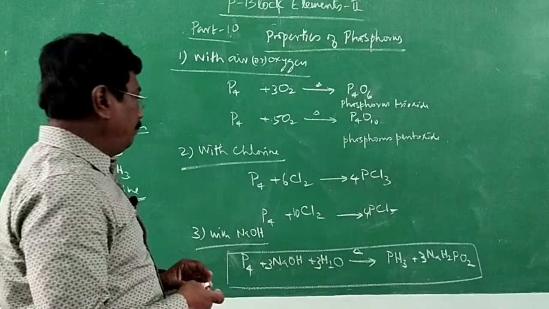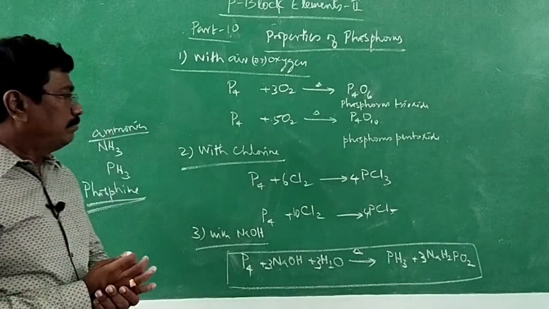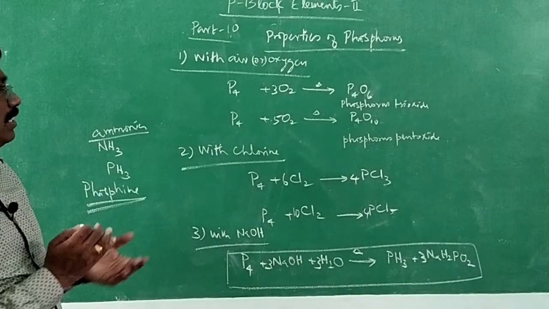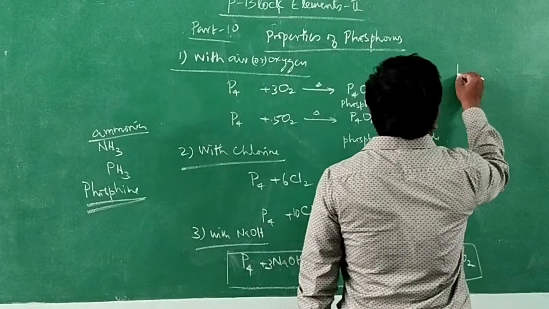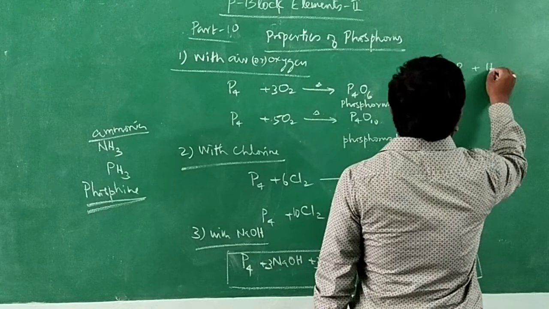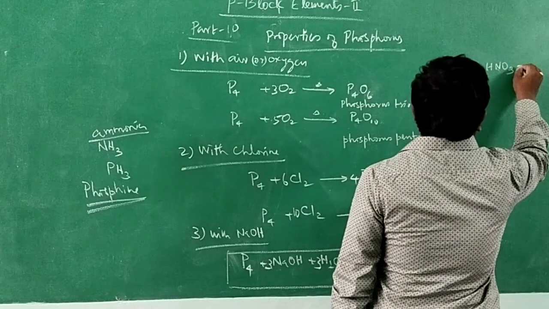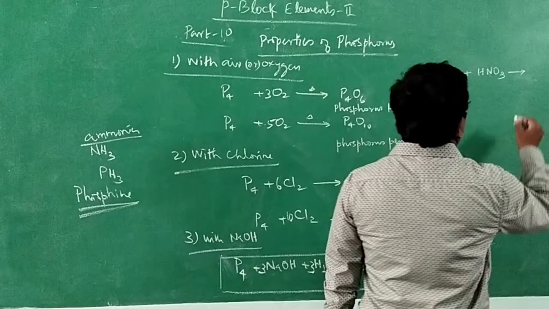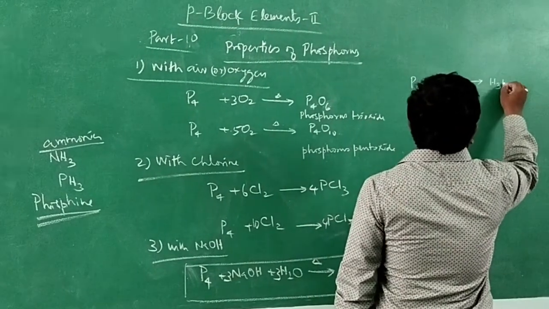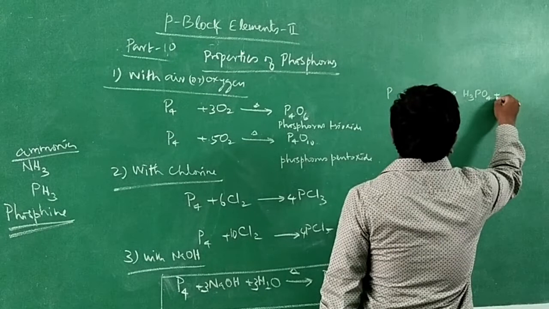And then with nitric acid. That reaction also, I think you might have studied. Phosphorus with nitric acid. Let me write only P, not P4. When phosphorus is made to react with nitric acid, it forms phosphoric acid. Of course, a catalyst may be needed in certain cases.